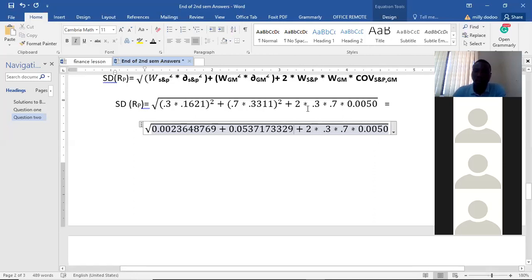Then when you multiply this one, 2 multiplied by 0.3 multiplied by 0.7 multiplied by 0.0050, how much are you getting?